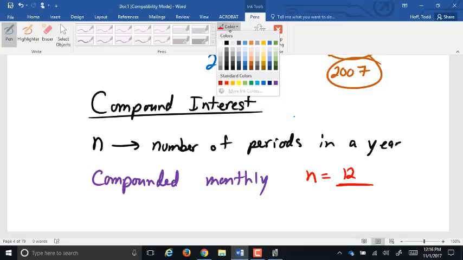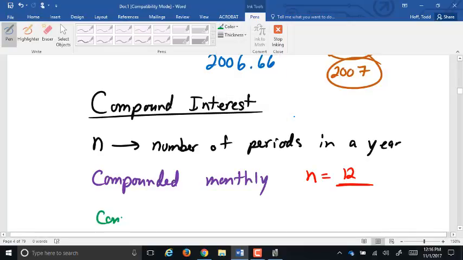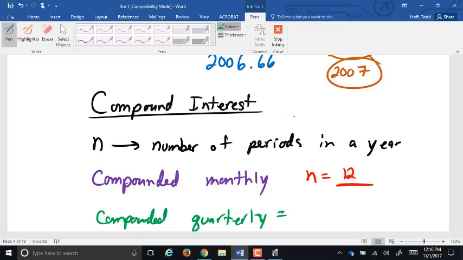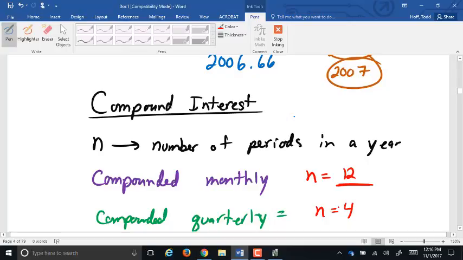Very good. If it is compounded quarterly, that's telling me N equals what? 4. There's 4 periods in a year.